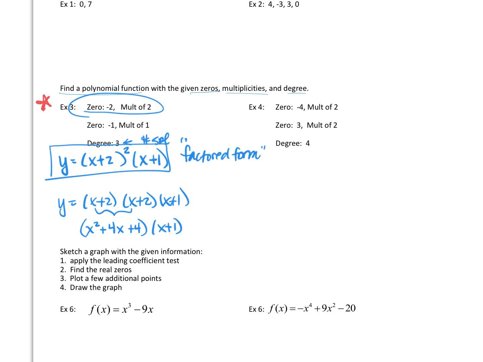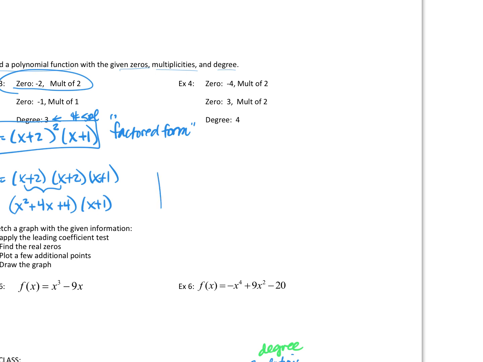Couple ways you can do that. You can distribute, or I make a box for myself because it's just a little easier for me to see it. I'll put the x plus 1 down the side and the 3 terms across the top. And then it's going to kind of treat it like a Punnett square where I bring them together. So x times x squared will give me x to the third. 4x times x gives me 4x squared. 4x is 4x.